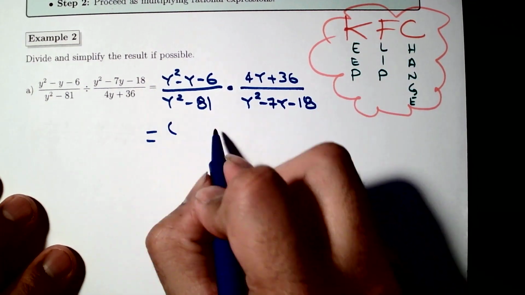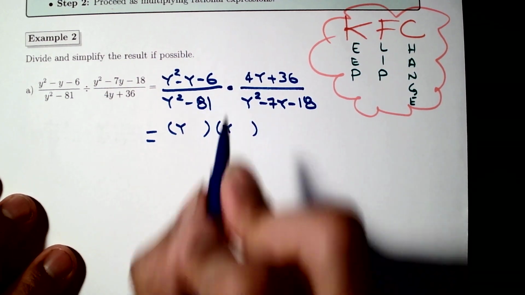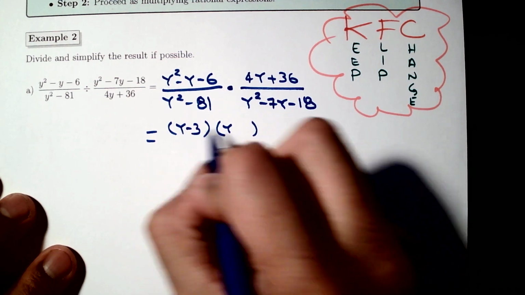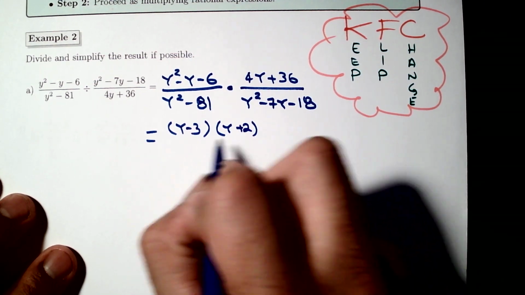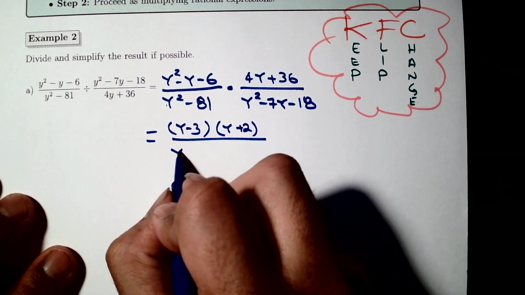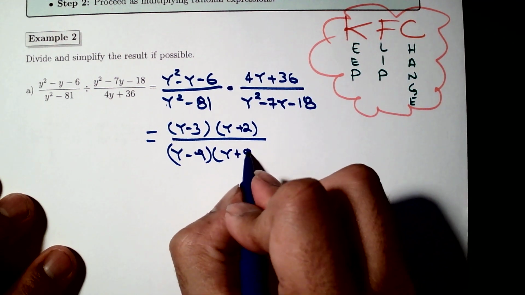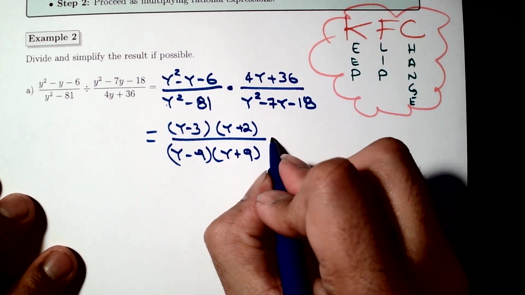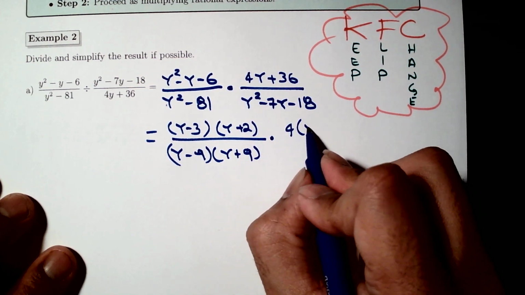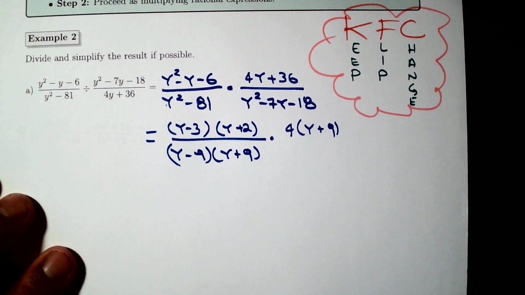So in this case, I'm going to double bubble this one, factors of -6 that add up to -1, -3, and +2. This is going to be a difference of squares, y minus 9, y plus 9. Times, factor out the 4 times y plus 9, because 4 times 9 equals 36.